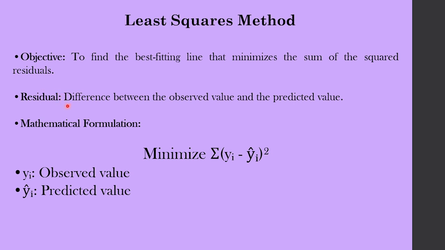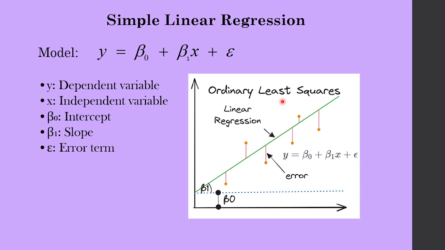What is a residual or error here? The difference between the observed value and the predicted value. The observed value is the orange point, and the predicted value is the point on the fit for a given value of the independent variable.